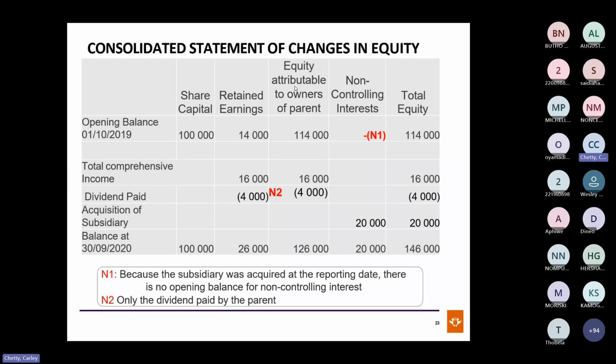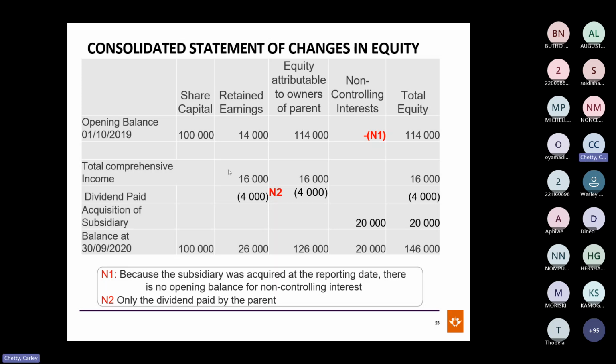And then we'll total those two columns. So it says equity attributable to owners of the parent. So here we will add the opening balance of the share capital, which is 100,000, plus the retained earnings of 14,000, and that will give us 114,000 in this total column, which is equity attributable to owners of the parent.